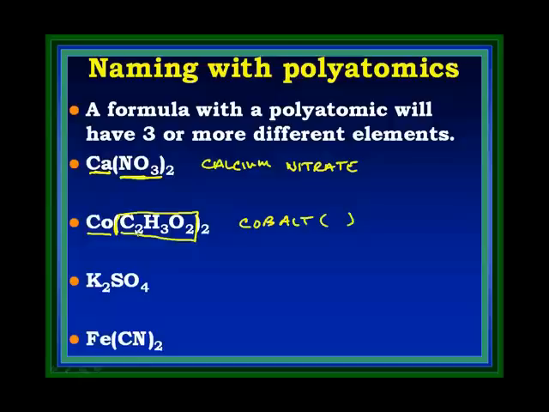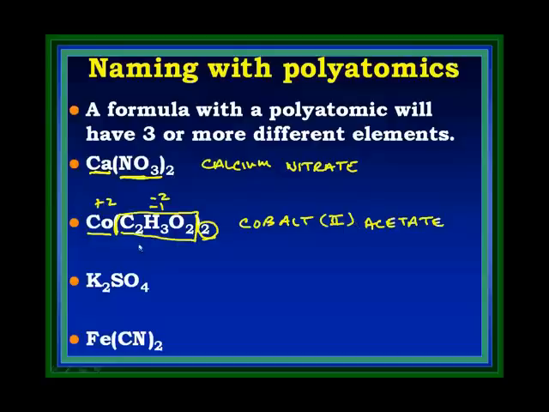Find the name of that group. That group is called acetate. Look up the charge of acetate. Acetate has a charge of -1, and I have 2 of that group. So this is a -2. That means this one cobalt has to be a +2. So there's my Roman numeral. Cobalt(II) acetate. That's its name.